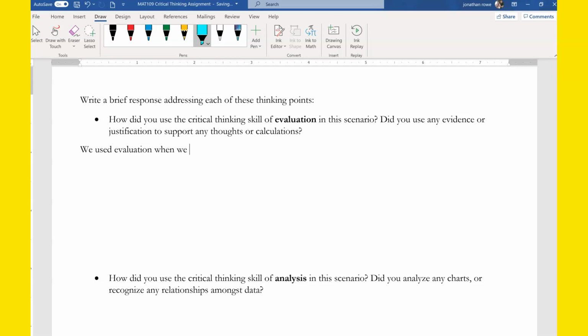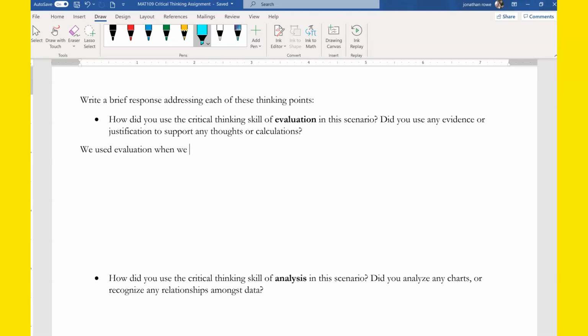Well, when we did our first linear model, when we just kind of eyeballed it, we then evaluated that, meaning we made a judgment on that when we did the model based on the mathematical calculations using the data. And then we made a further judgment on that one when we added more data to the model.